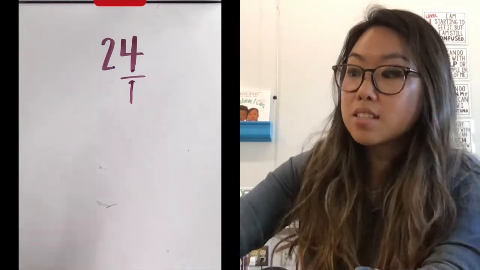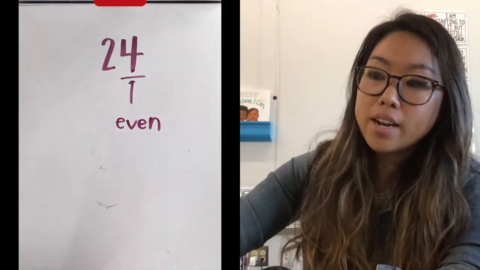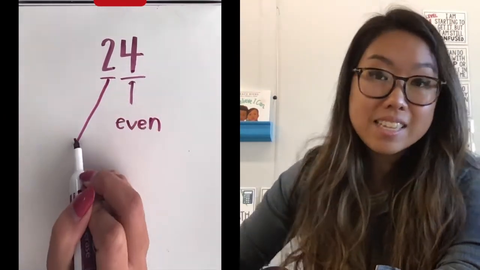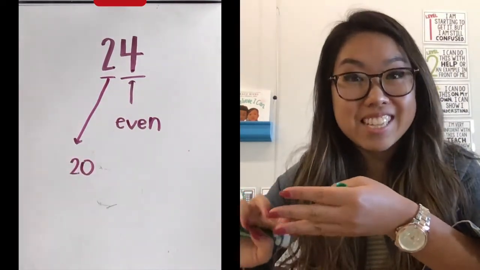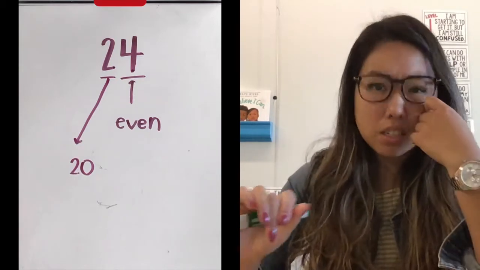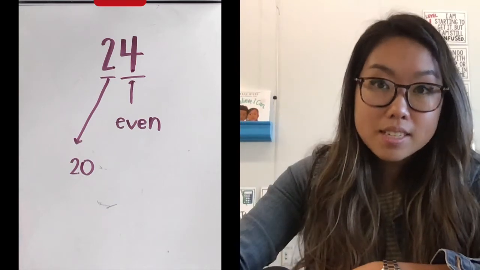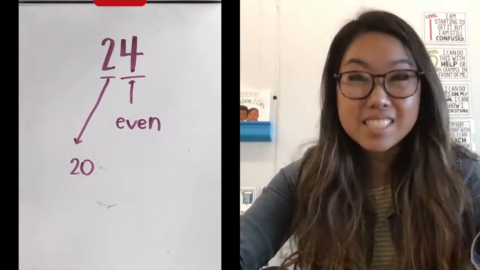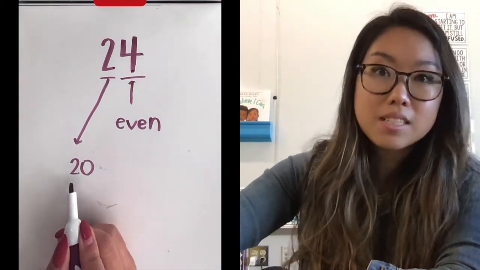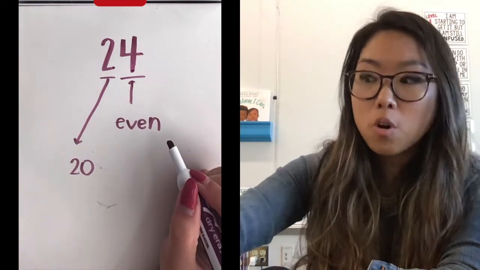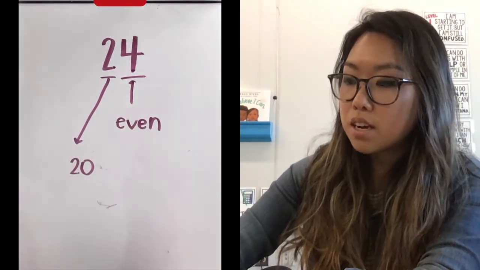That means that this number is even. Because I know that 20 already is an even number because I can skip count to 10. 2, 4, 6, 8, 10, which means I can also skip count to 20. 12, 14, 16, 18, 20. Because all of those end in 0, and 10 is an even number. So that means that anytime I look at the ones place, if that's even, then I know the whole number is even. If it's odd, then that means the whole number is odd.